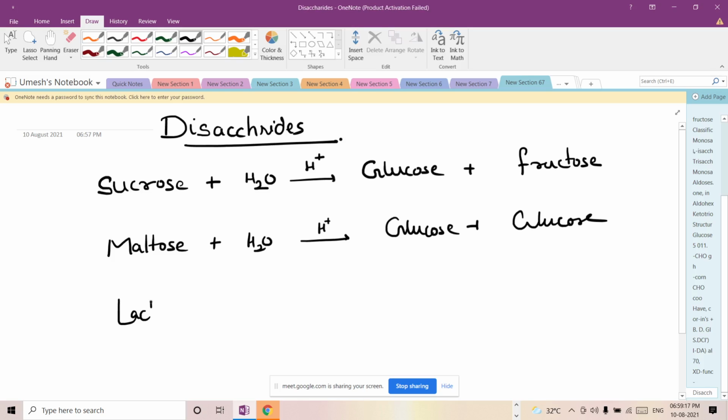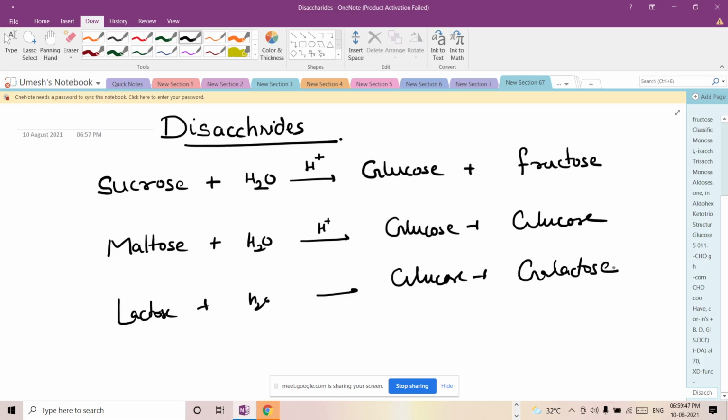We have lactose, it will give glucose and galactose. So disaccharides are those carbohydrates which upon hydrolysis give two monosaccharides.